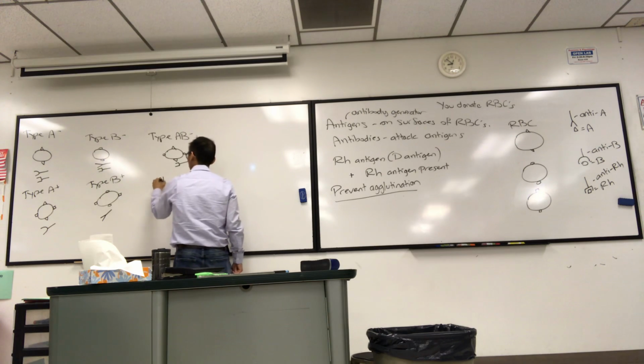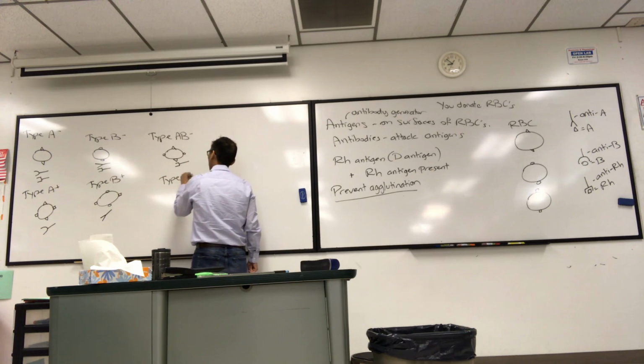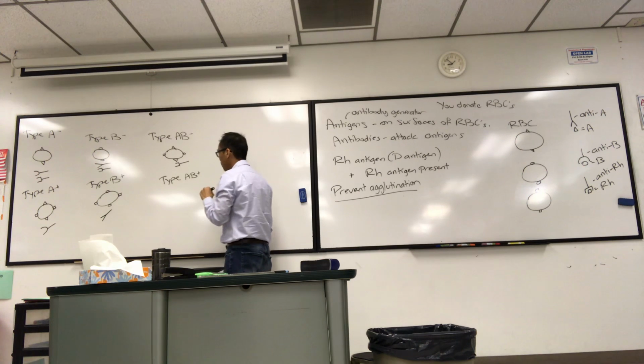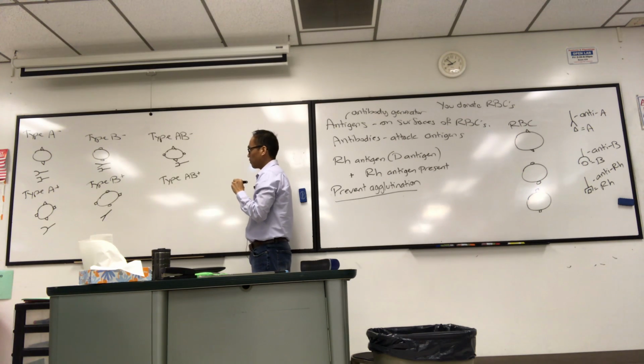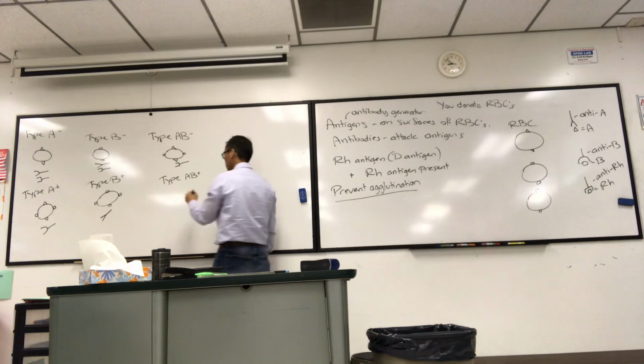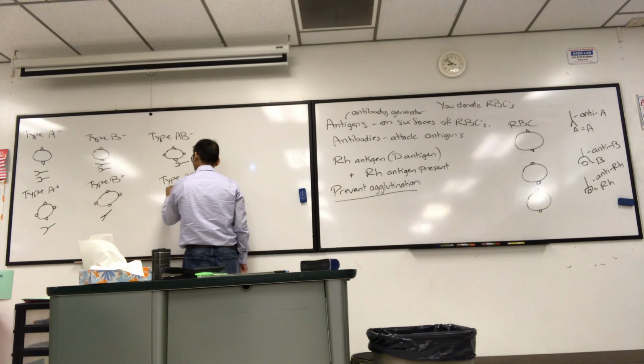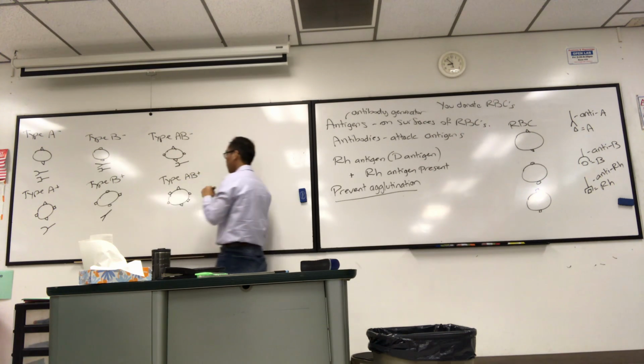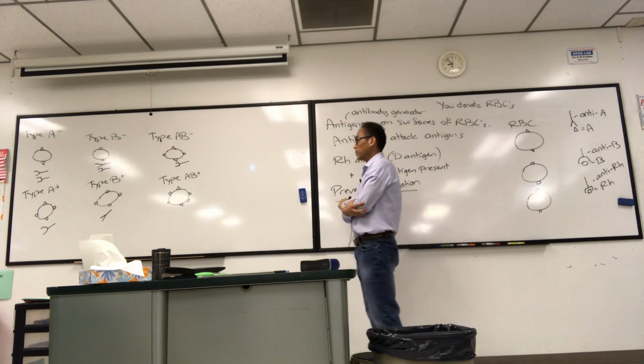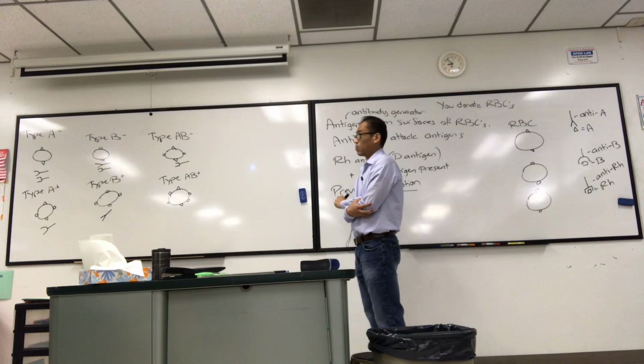Okay, type AB positive. If you're AB positive, how many antigens are on the RBCs? 3. All 3 of them, the A, the B, the Rh. And which of those 3 antibodies would that person have?